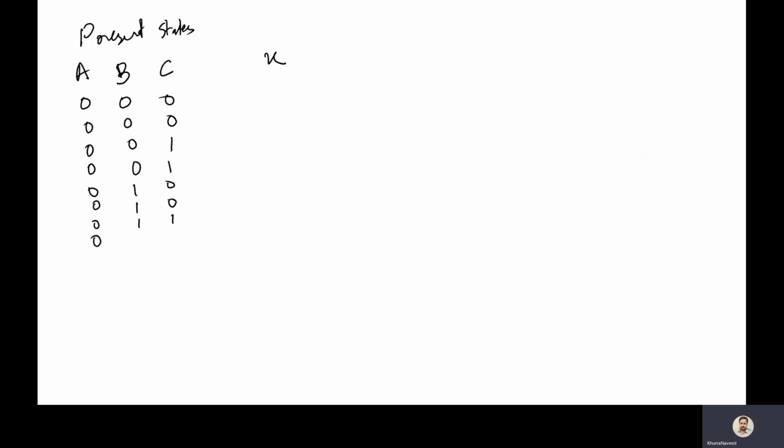So this means when the state is 0, 0, 0, input can be 0 and it can also be 1. So it caters for both cases this way, right? And then we have these states: 0 0 0, 0 0 1, 0 1 0, 0 1 1, 1 0 0, 1 0 1, 1 1 0, and 1 1 1.